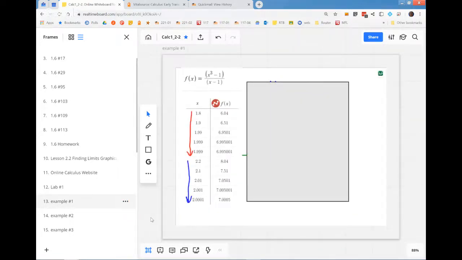So here's the first example. The function is x cubed minus 1 over x minus 1. And underneath it, I'm simply picking some values for x, about 10 values. I picked them in such a way that the ones with the red arrow next to them are all just short of 2: 1.8, 1.9, 1.99, 1.999.